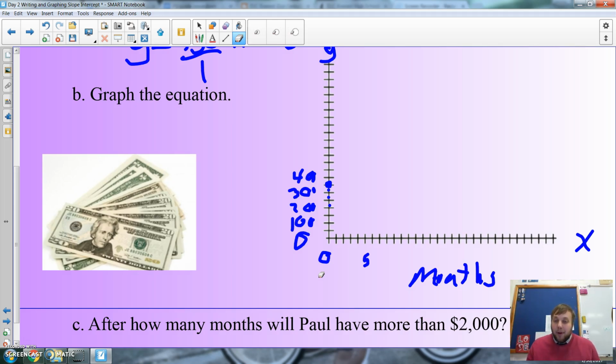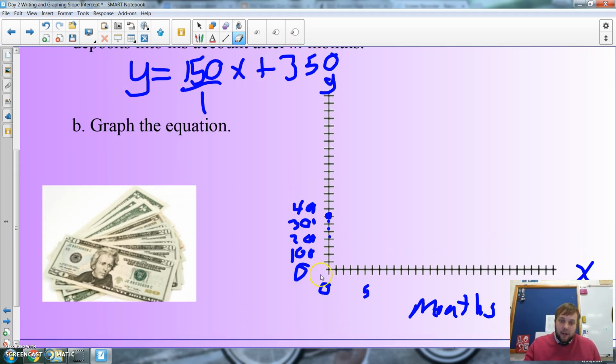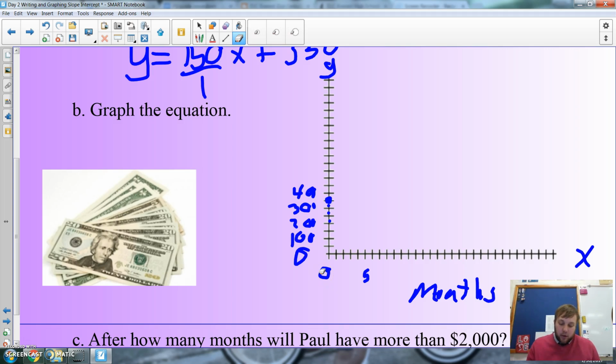He's going up 150. Come on, guys. He's actually adding 150, isn't he? So he's rising 150 over 1. He's going to be going up pretty fast. Then another 150 over 1 is going to be there. So we're going to get this little graph that goes something like that.